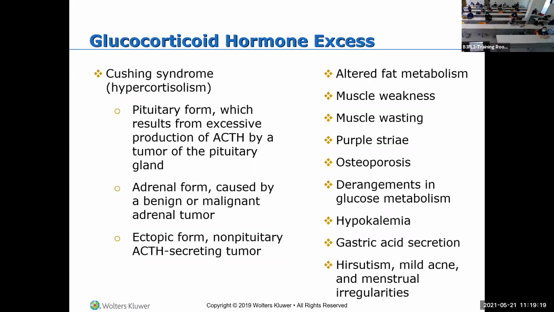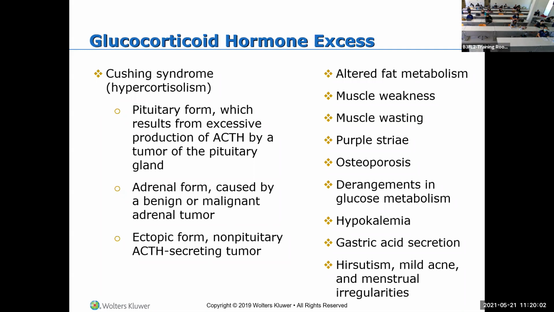The pituitary cause results from excessive production of ACTH because of a tumor of the pituitary gland. That is secondary. Primary may be the adrenal form caused by a benign or malignant adrenal tumor, or the ectopic form, a non-pituitary ACTH tumor, especially occurring in small cell carcinoma of the lung. The tumor of the lung produces those hormones.